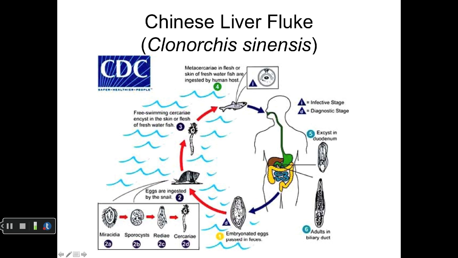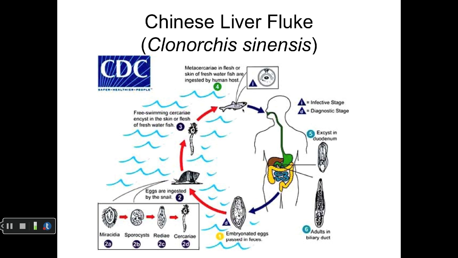It rapidly, though, loses its cilia and forms the sporocyst stage. So inside the snail, you have miracidia, sporocyst, rediae, and then the rediae produce the cercariae. The cercariae are released into the water, and these free-swimming cercariae then look for the second intermediate host in the life cycle, which is a fish.